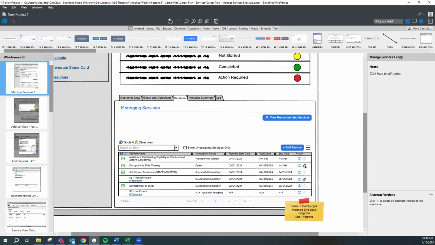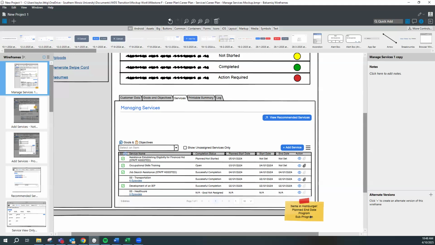So if maybe you have a training service and you need to attach weekly hours or something like that to show an attendance report, you can attach it right in here so that you don't have to attach it anywhere else unless you want to. But it's just a nice added feature that you'll be able to have.